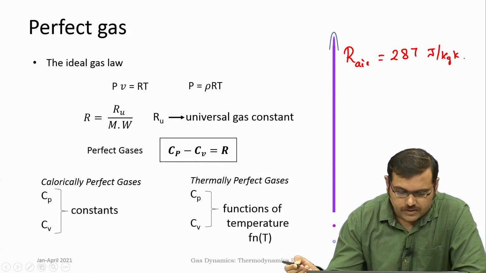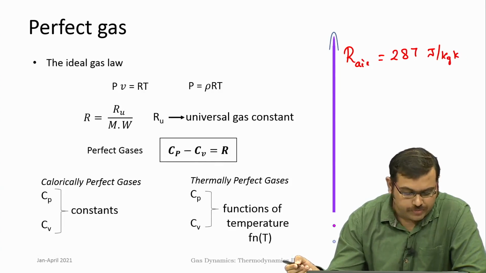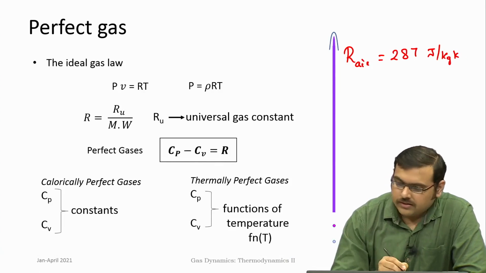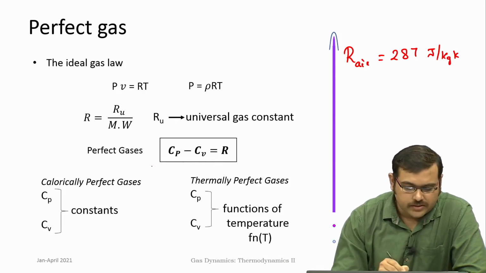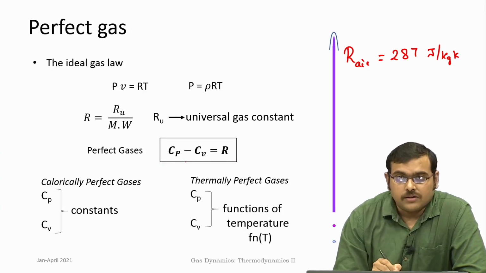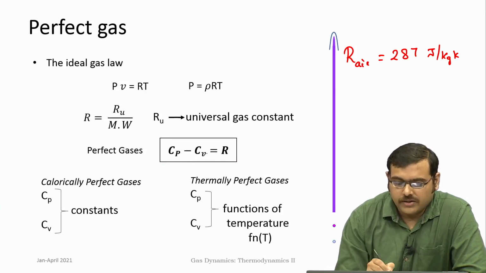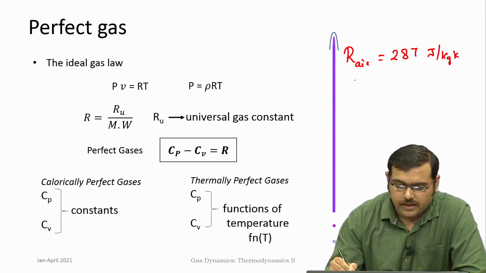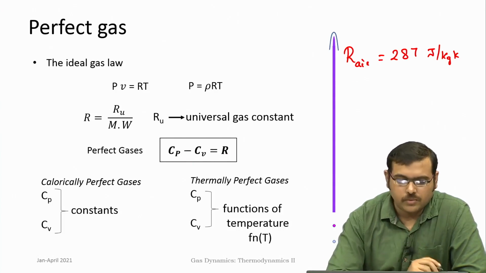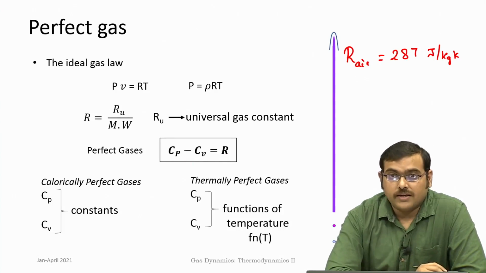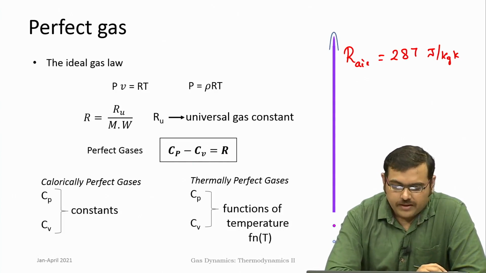So the other important equation that comes about is that for perfect gases the difference between the specific heats at constant pressure and constant volume is R. So you see that Cp minus Cv is equal to the specific gas constant.